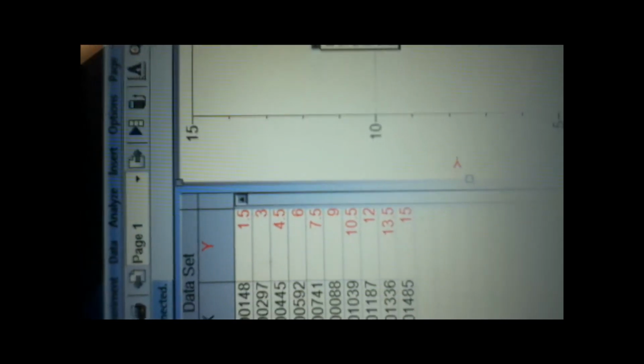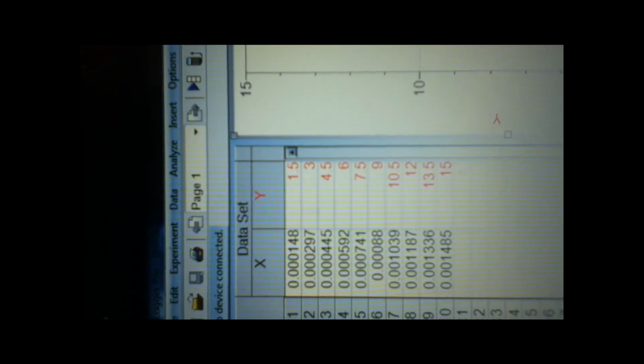After we got all of our data, we plug in all the data into Logger Pro. So this is our data.